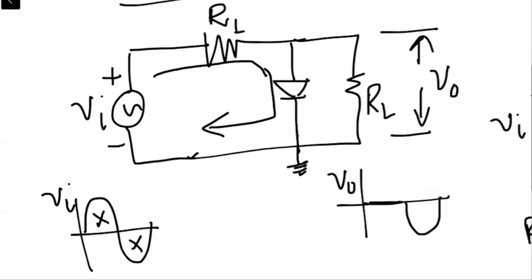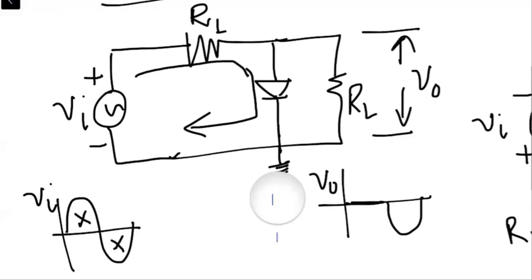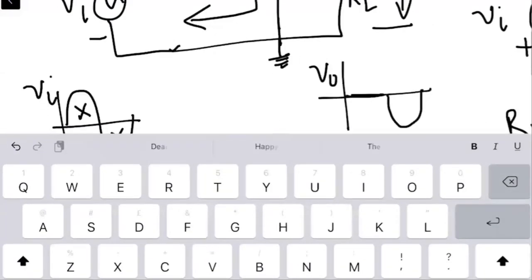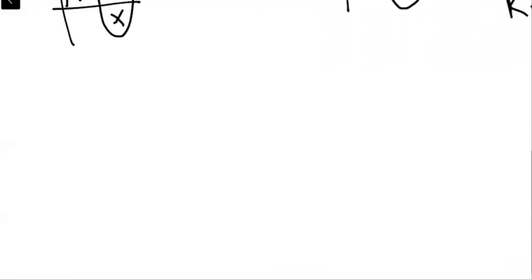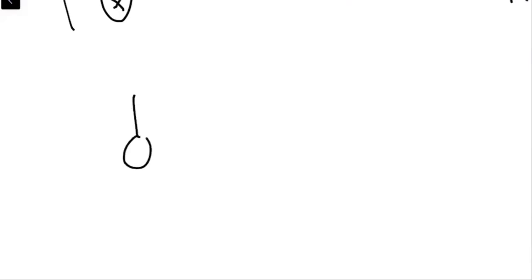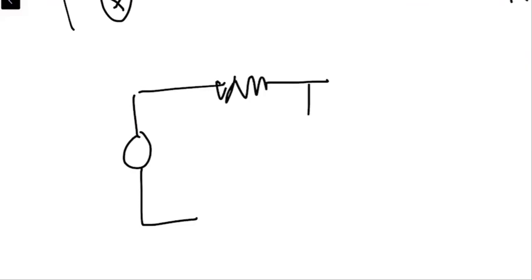Let's see. Now previously this was the direction. Now if we change the direction of the diode, this means we have the resistance, and now we have the diode which is being connected in this direction.